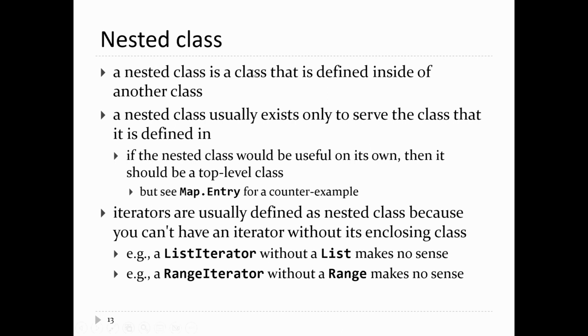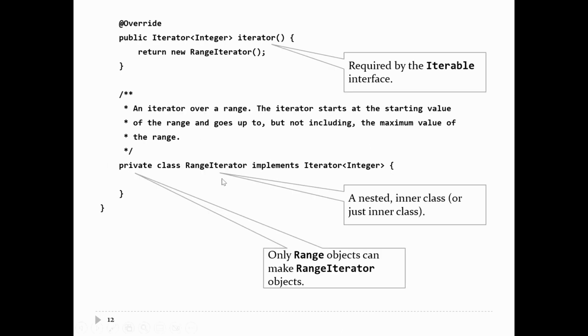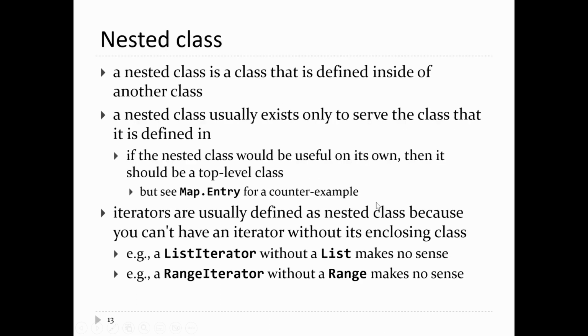Okay, so a nested class, there's a lot of terminology here, and unfortunately the terminology is specific to Java. Other object-oriented programming languages don't use the same terminology. A nested class is a class that's defined inside of another class. RangeIterator is defined inside range, therefore it's a nested class.